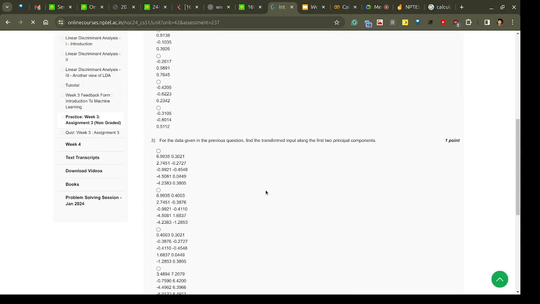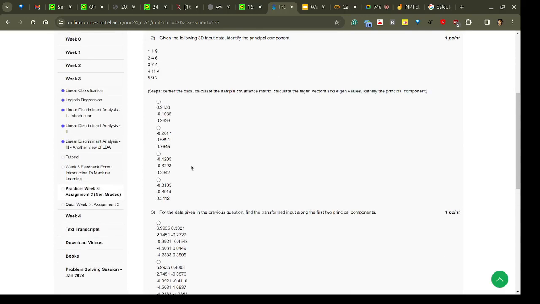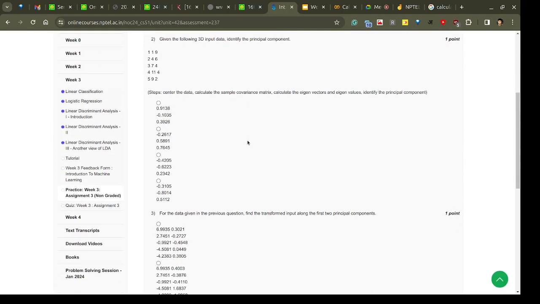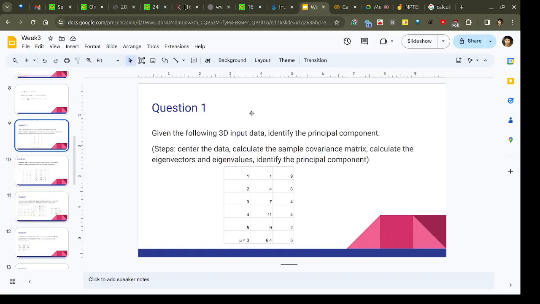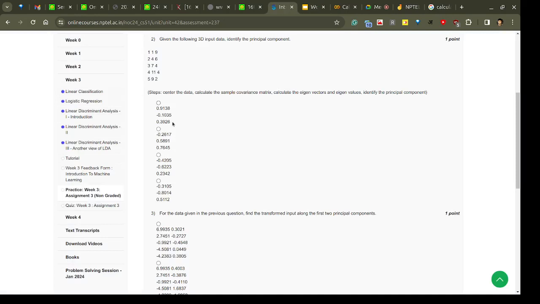So yeah, this is from the practice assignment, and say we are getting the values 0.31, 0.80 and minus 0.51. That option is not there, but this one is there, which is basically minus of something.